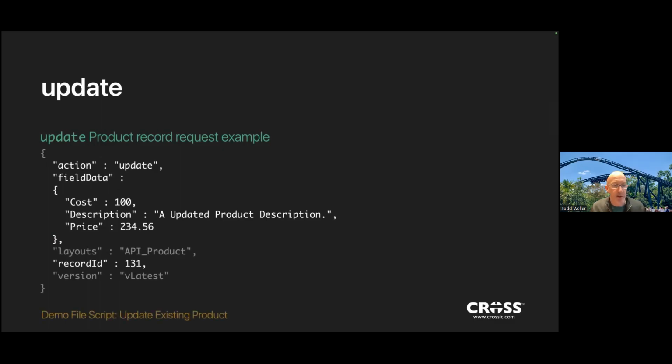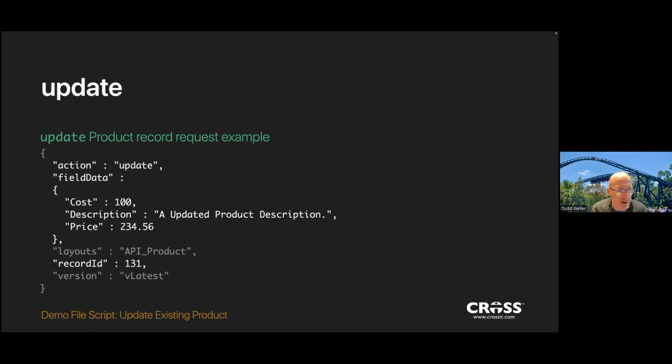If we wanted to update the product, again, the action is update. The field data, you can see there is just a JSON object. Now you'll notice that the data that I'm updating is not the same data that I used when I created it. So you don't have to create an update with the same information. You can update it with more fields, fewer fields, different fields.